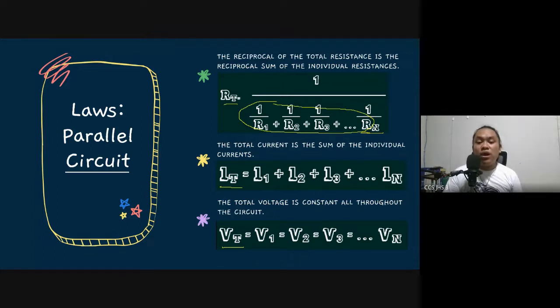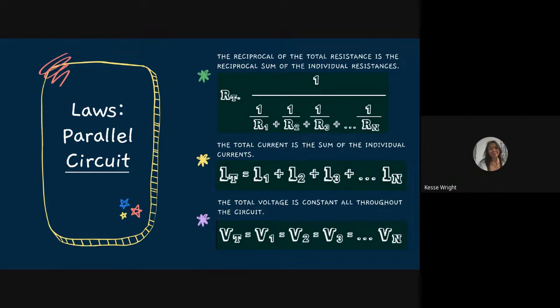Click the equals button. You get an answer, and then you divide 1 by that answer. So 1 divided by the answer, then you get the total resistance. Understood? In case your calculator cannot input fractions just like mine. Okay, very good.